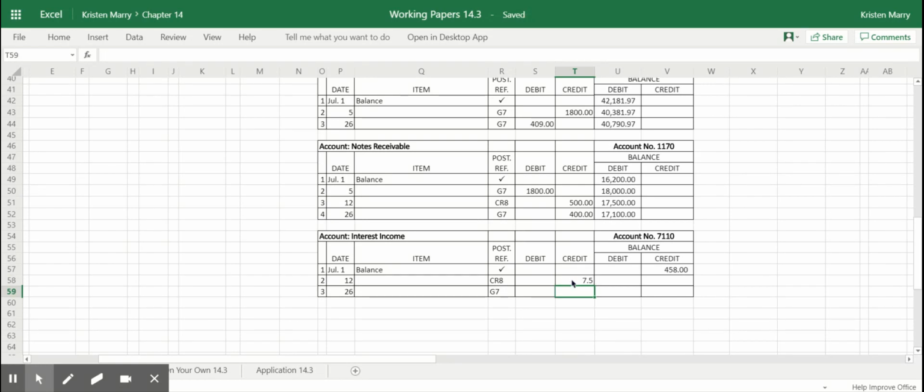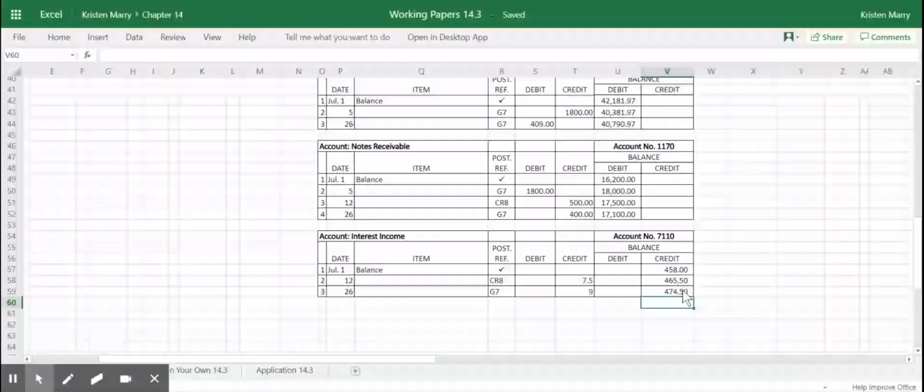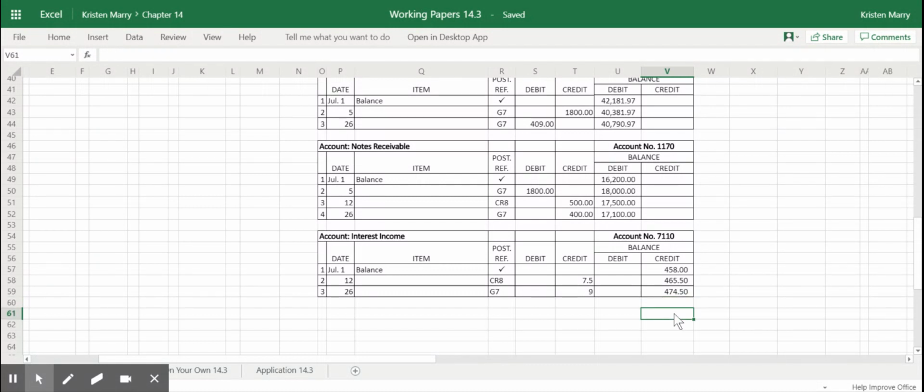Interest income is considered an equity account, so that's why it's a credit. All right, so far it's saying we've earned to date this year $474.50 from customers taking out notes receivables with our company.